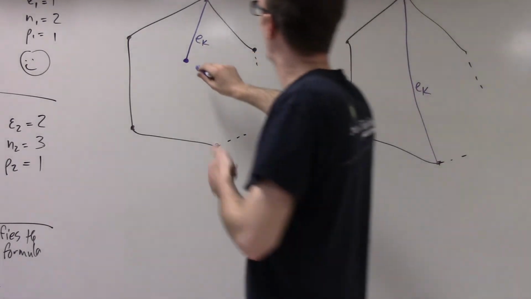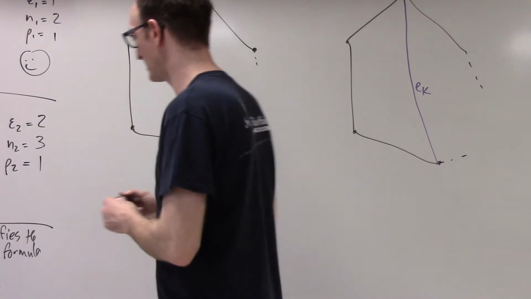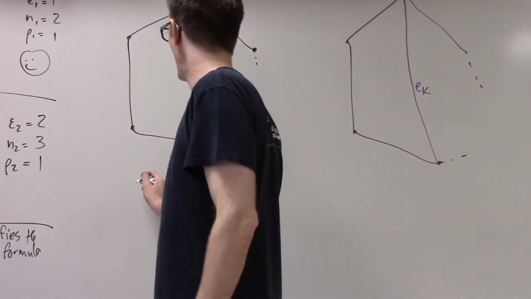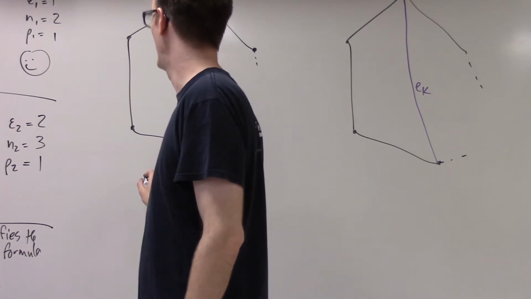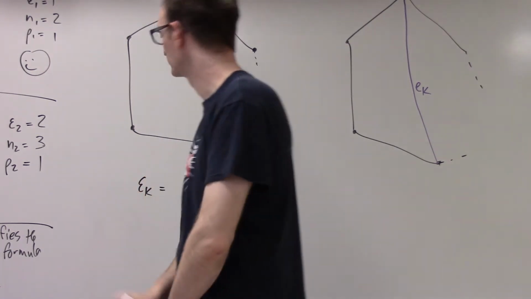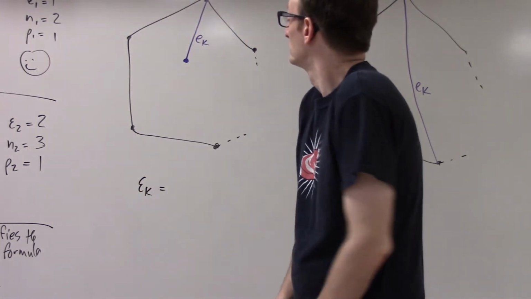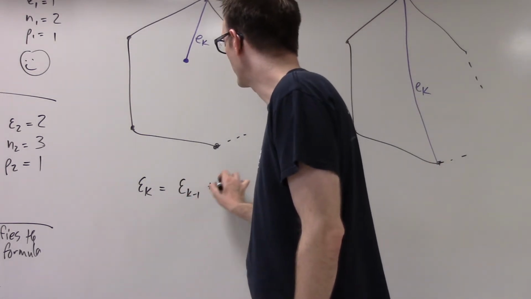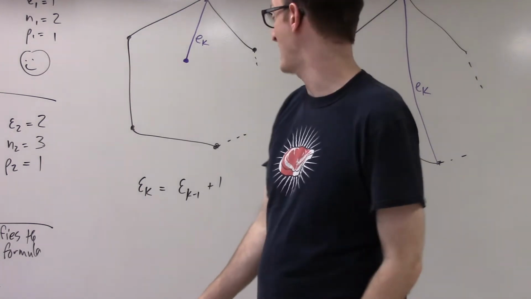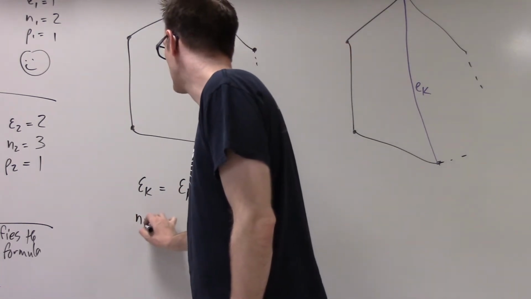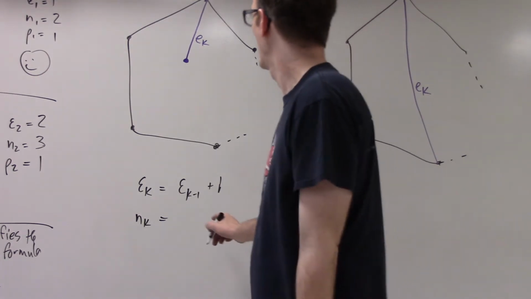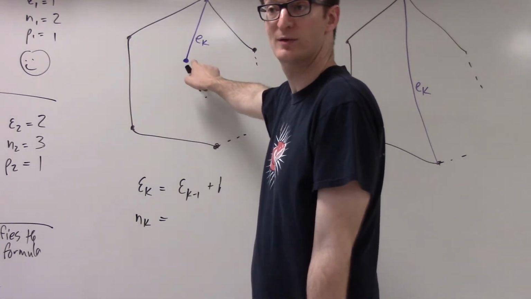In the first case, what just happened? What is E sub k? It's E sub k minus 1 plus 1, because all I did was add an edge. What is N sub k? N sub k minus 1 plus 1, because I added a single vertex.